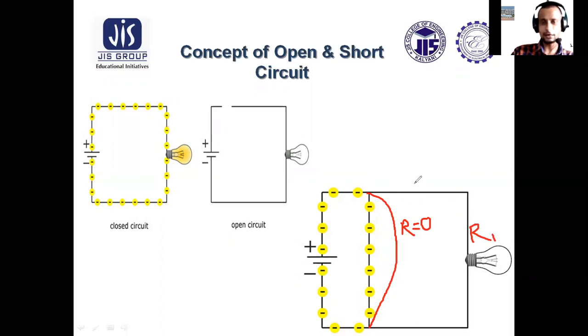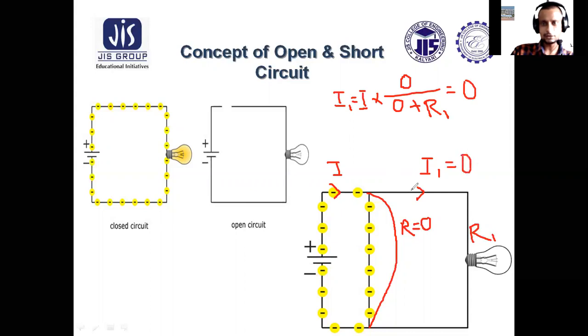Now, as per the current divider rule, current through R1, that is I1, equals total current I into the opposite resistance, which is the shorted path resistance 0, divided by 0 plus R1. This gives us 0. So I1 becomes 0 whenever there is a short circuit path.